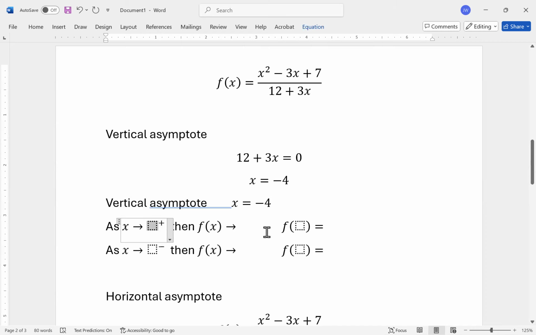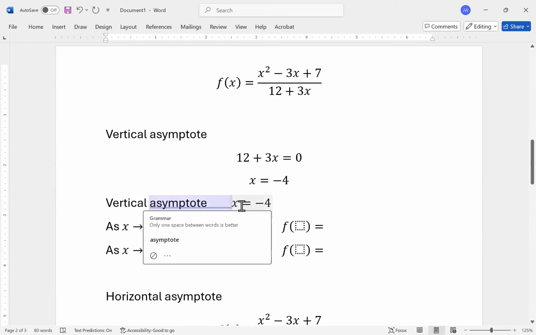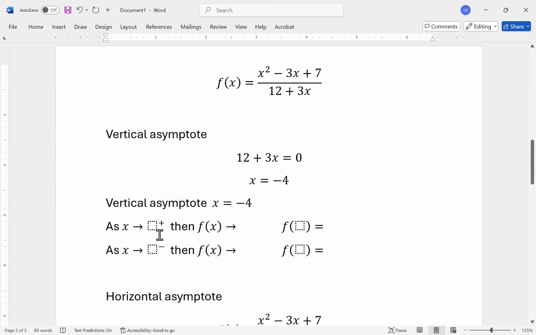Now let's look at the behavior as we approach negative 4 from the right-hand side and negative 4 from the left-hand side. Be careful here when you plug things in, because as I approach negative 4 on the right, that is a number that's slightly bigger than negative 4.